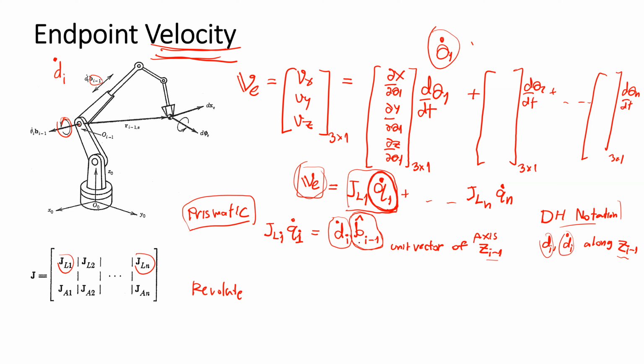So the unit vector here is a 3 by 1 vector with the magnitude of 1, and we have 3 components in here that specify the orientation of the prismatic.